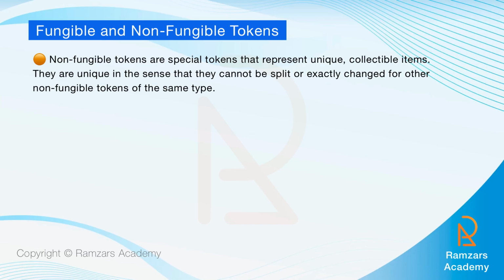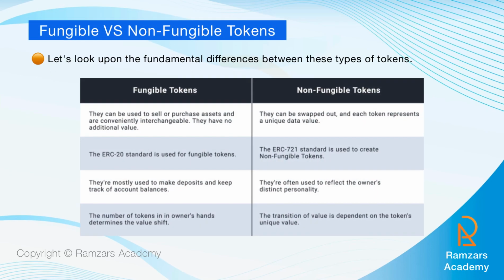CryptoKitties is one of the popular use cases of non-fungible, collectible tokens. Every CryptoKitty is unique, and no two CryptoKitties are the same. Unlike a fungible asset like Bitcoin, it is not possible to divide a CryptoKitty, trade it, and reassemble it to create an equally valuable CryptoKitty.